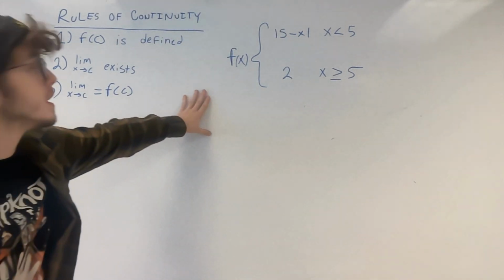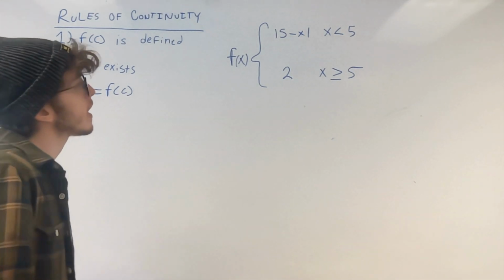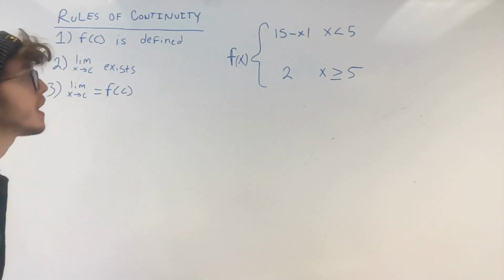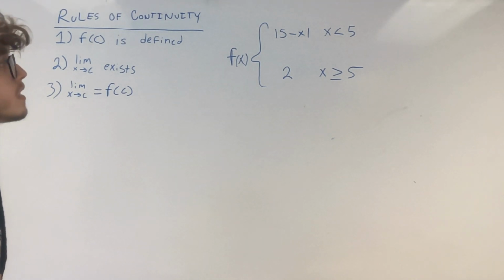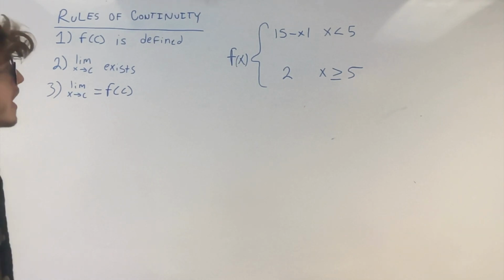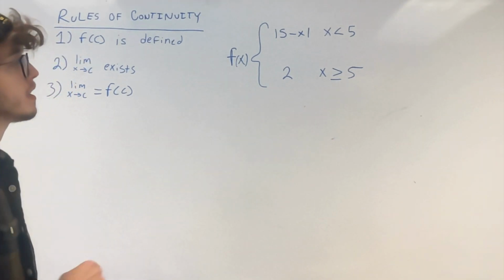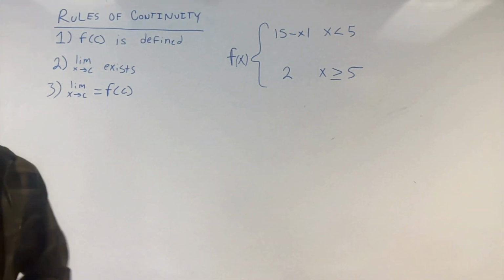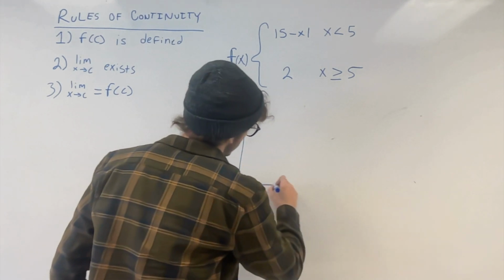So here I have a piecewise function, f of x, and the first condition is, if x is less than 5, the value of the function is the absolute value of 5 minus x. When x is equal to 5 or greater than 5, the function value is simply 2. So let's draw a coordinate axis so we can see here.